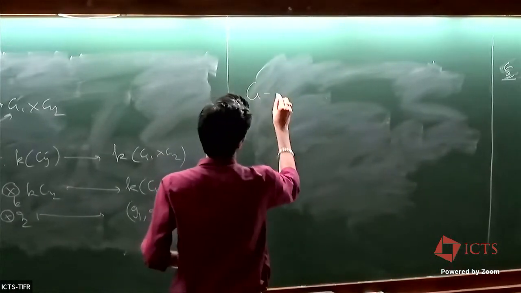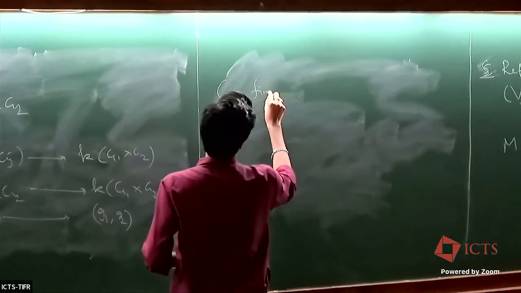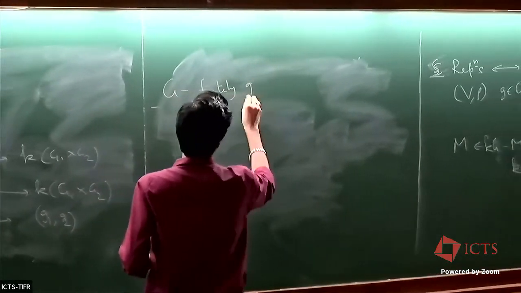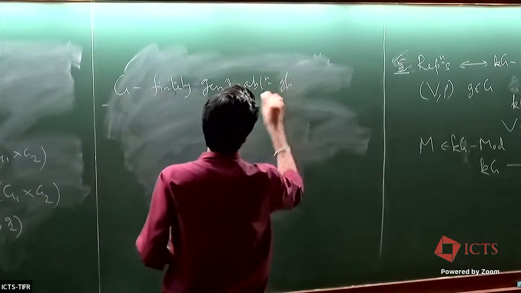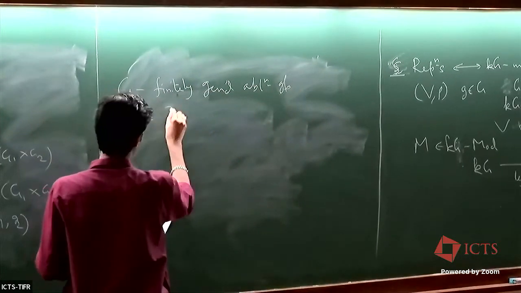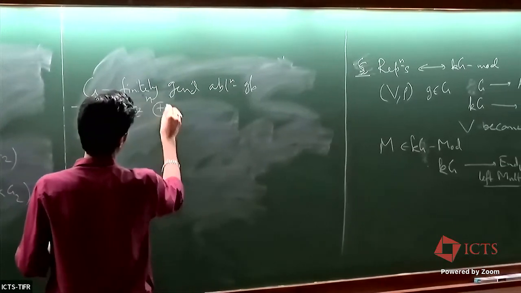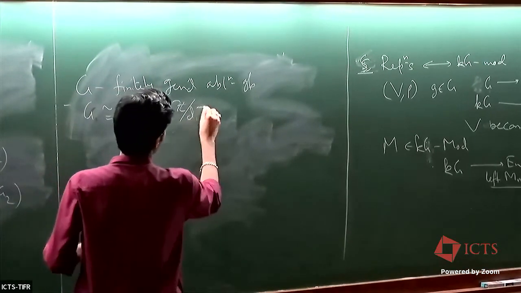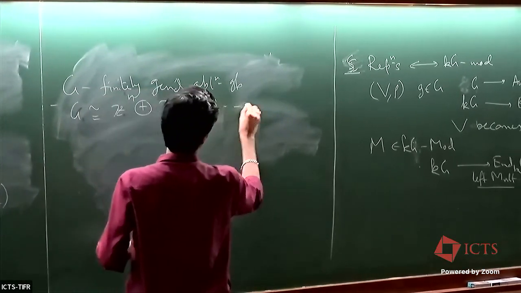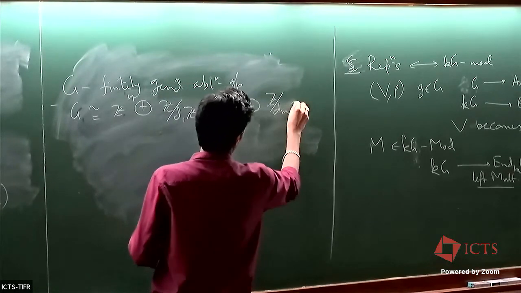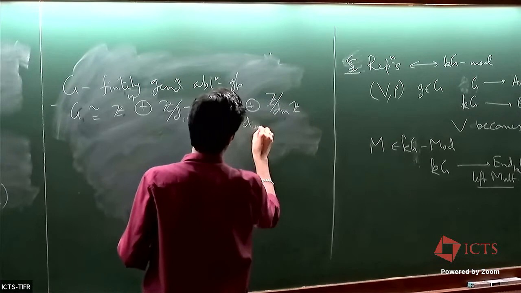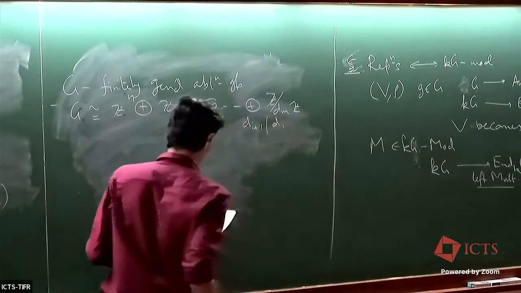Okay. So in view of that, suppose now G is a finitely generated abelian group. Then by the structure theorem, G looks like Z to the power n direct sum cyclic groups of order d1, d2, etc., where d(i+1) divides di. Okay.